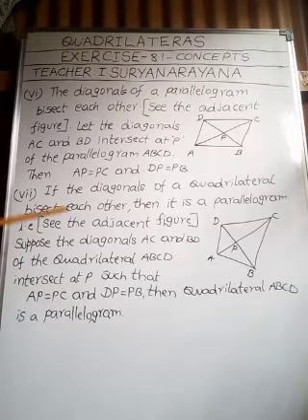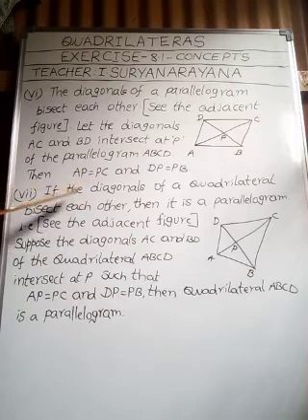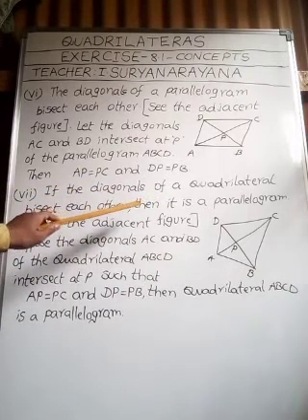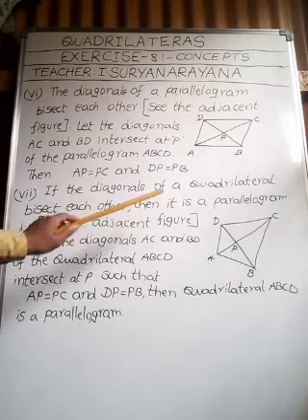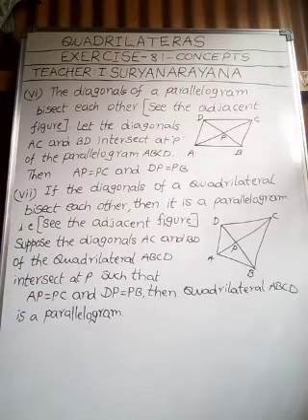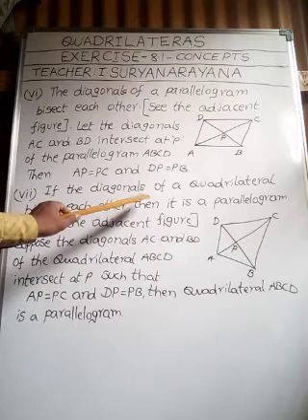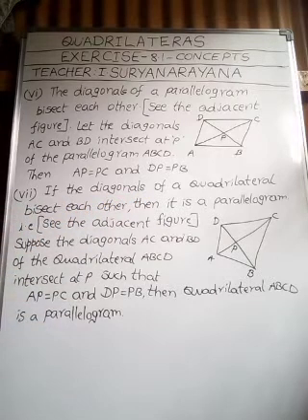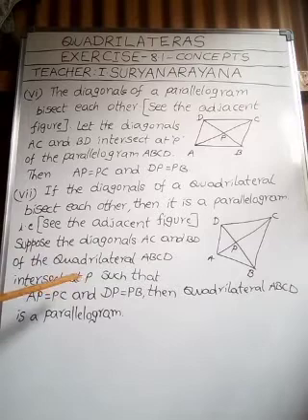Right. Converse of this point: if the diagonals of a quadrilateral bisect each other, then the quadrilateral is said to be a parallelogram. If you want to show that a quadrilateral is a parallelogram with the help of diagonals, then we have to show that the diagonals bisect each other.